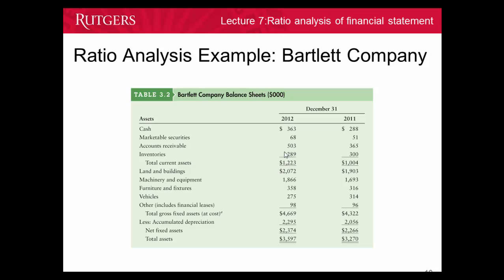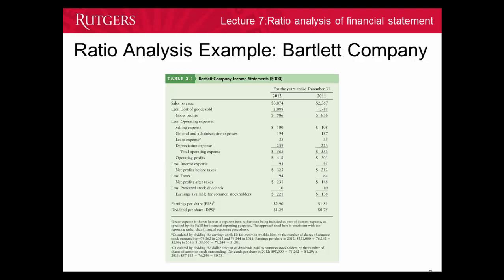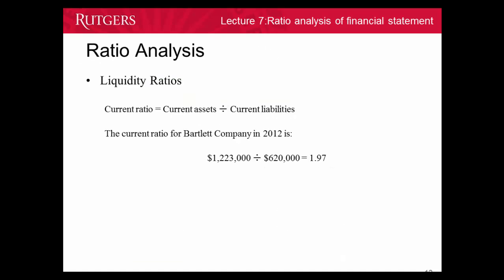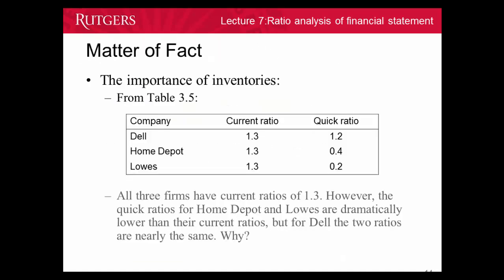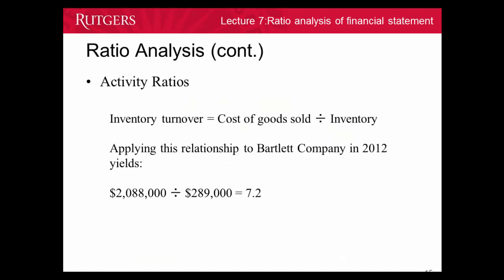We have used it before. And to find the cost of goods sold, you need to go to the income statement. It's listed on the second line, cost of goods sold, which equals 2,088,000. So after the calculation, we get the inventory turnover equals 7.2.